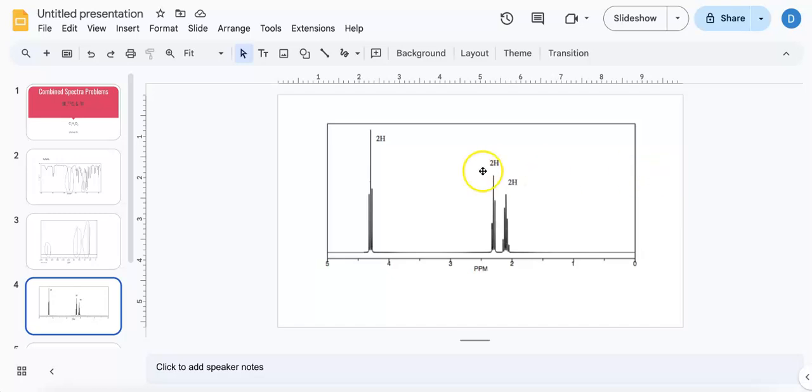So the degrees of unsaturation in this case are 2, which can tell us that there are either 2 double bonds or 1 double bond and 1 ring. So in this case, we are going to expect 1 ring shape and 1 double bond.